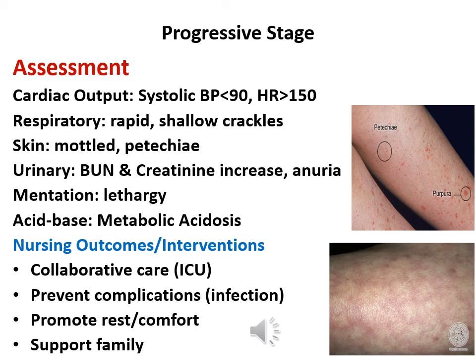You want to prevent complications such as infection that will further insult the body's ability to survive this state. And you want to promote rest and comfort, preventing extremes of temperature, which goes back to the stress on the body from the increased metabolic rate. The family at this point requires your support as well.